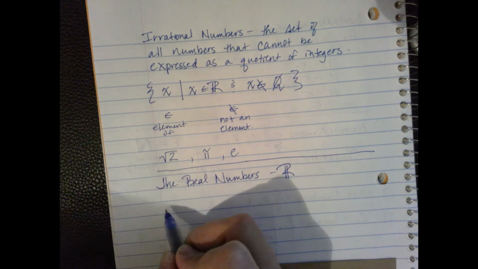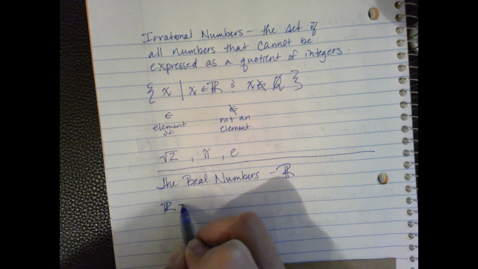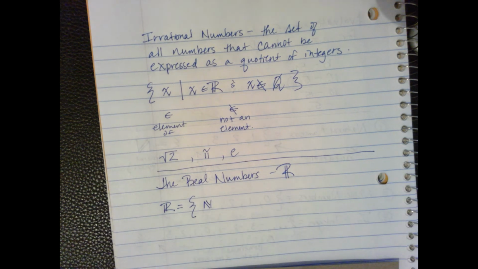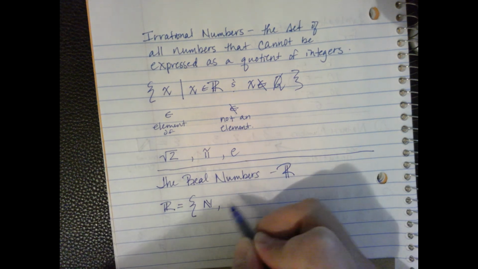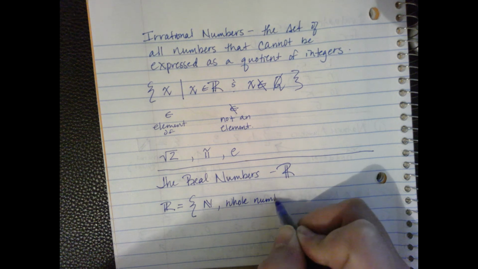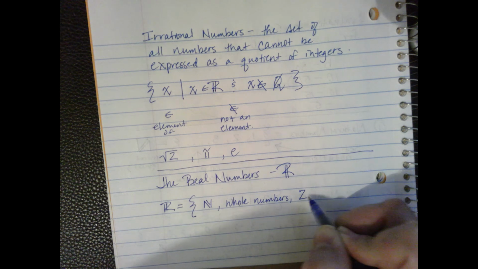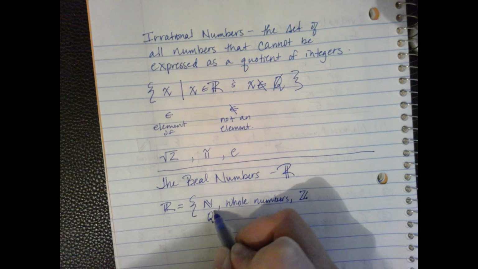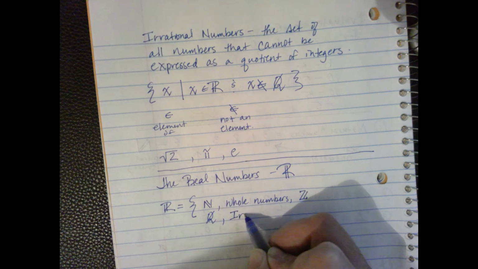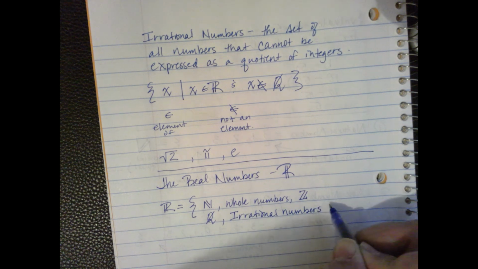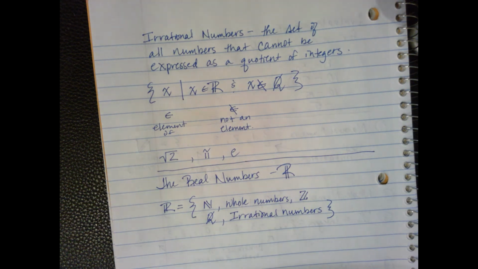The real numbers is the set of all of the numbers that we've just talked about: the natural numbers, the whole numbers, the integers, the rational numbers, and the irrational numbers. So it's everything. When I say a real number, it means everything that we've just talked about.